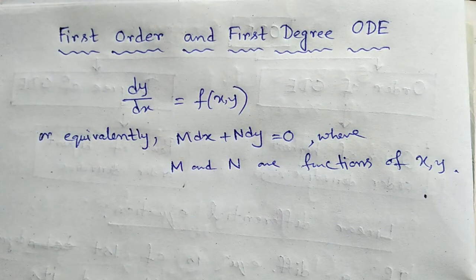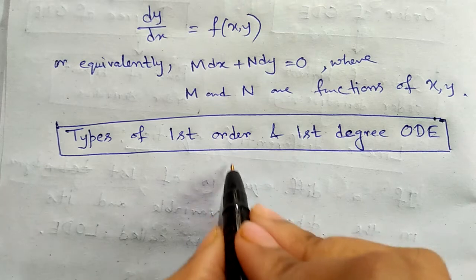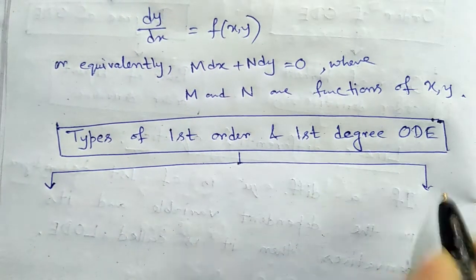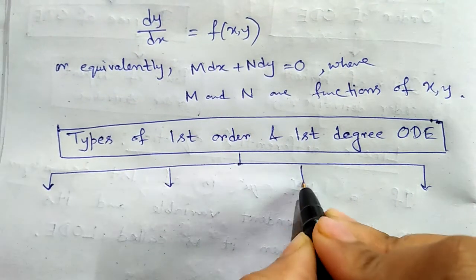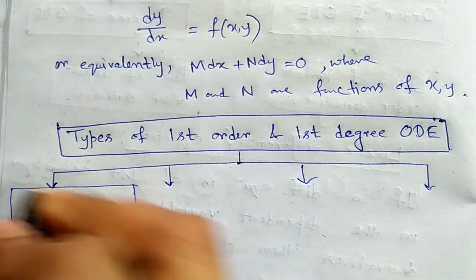Next we come to the types of first order first degree ODE. There are four types. The first type is exact equation.